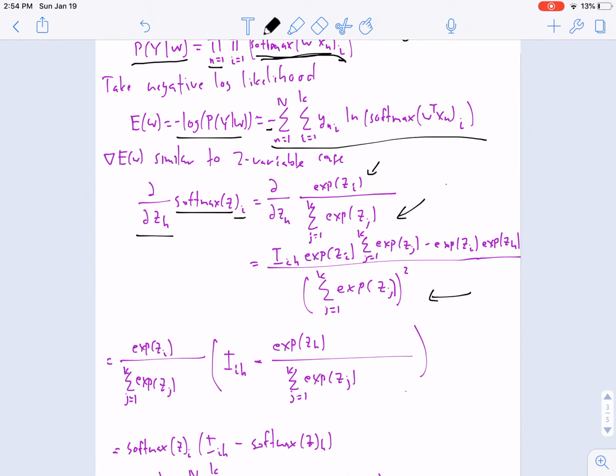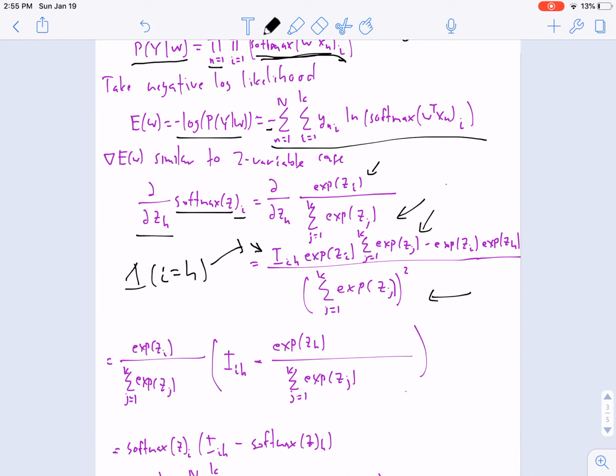The denominator we just put here, and then the derivative of the numerator, if h is equal to i, then it will just be e to the z_i, and if h is not equal to i, then e to the z_i has no dependency on z_h, so it will just be 0. So we can just use I_ih, the ith row, hth column of the identity matrix, right? So it's only 1 if i equals h. Another way to write this would be an indicator random variable that i equals h, but here we just chose to write it with the identity.